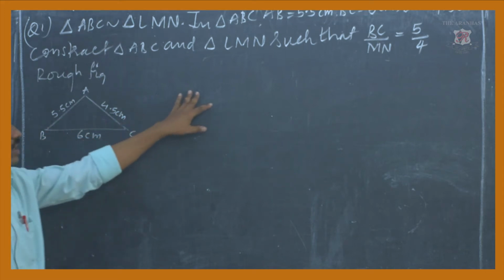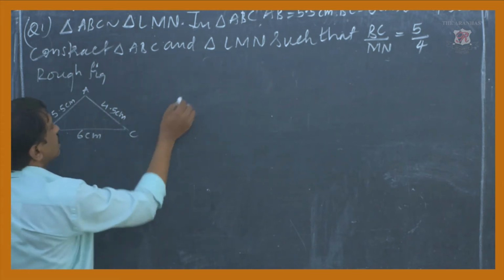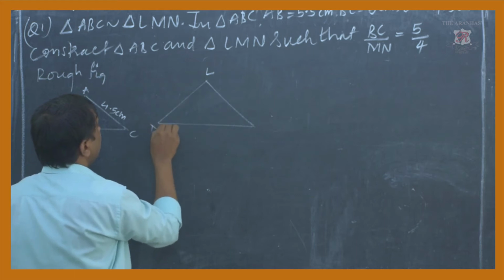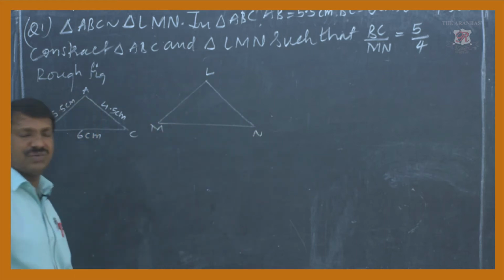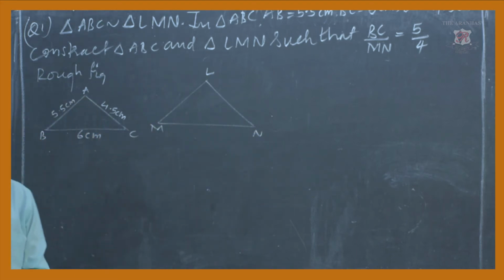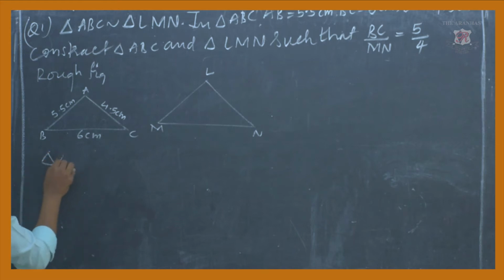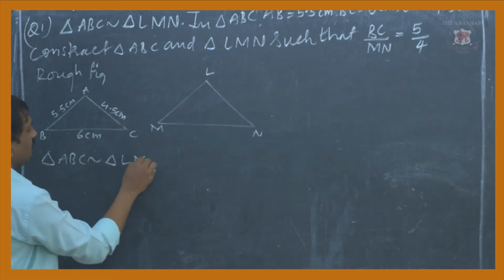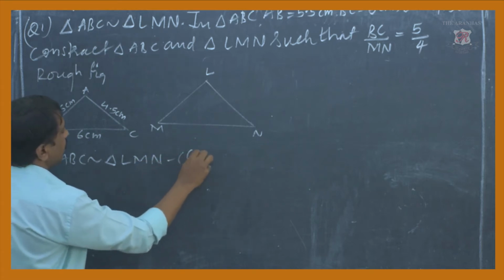See, this is the rough figure which we constructed. We have to construct one more triangle, LMN. I'll construct it roughly here, this is L, M and N. The measurements we don't know because we have to find them. The rough figure is just for analysis. Then we'll start. Triangle ABC is similar to triangle LMN, this is given.